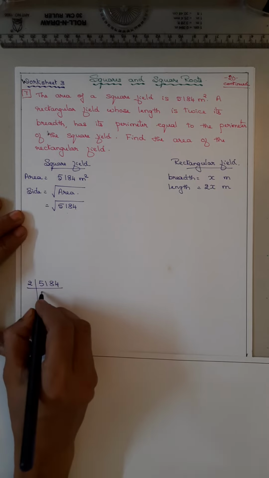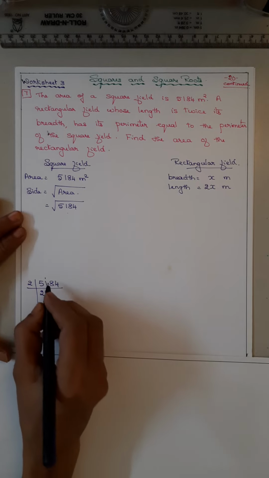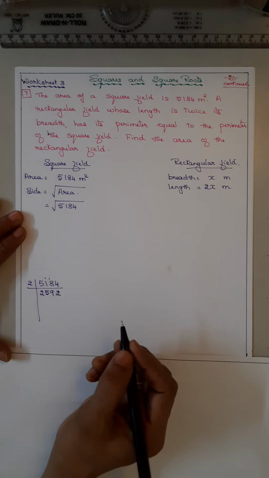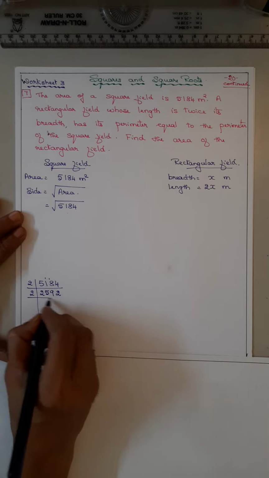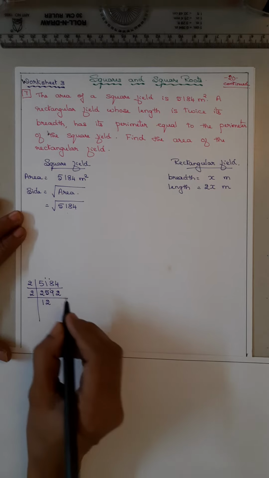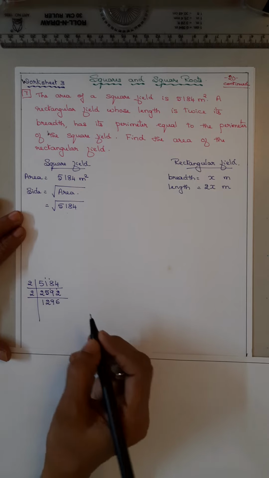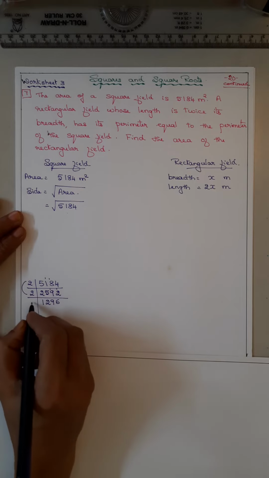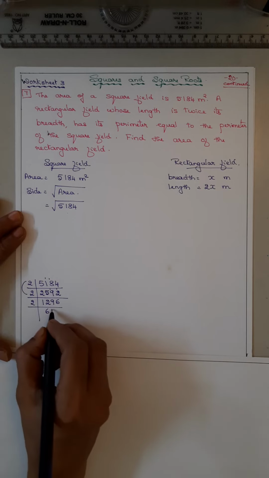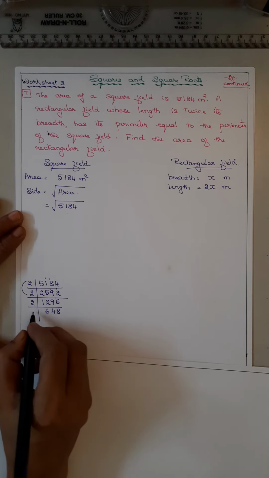2 2s are 4, 1 remains. 5s are 10, 1 remains. 9s are 18, 2 4s are 8. Again 2, 2 2s are 4, 1 remains, 2 9s are 18, 1 remains, 6 are 12. Again 2, 2 6s are 12, 2 4s are 8, 1 remains, 2 8s are 16.